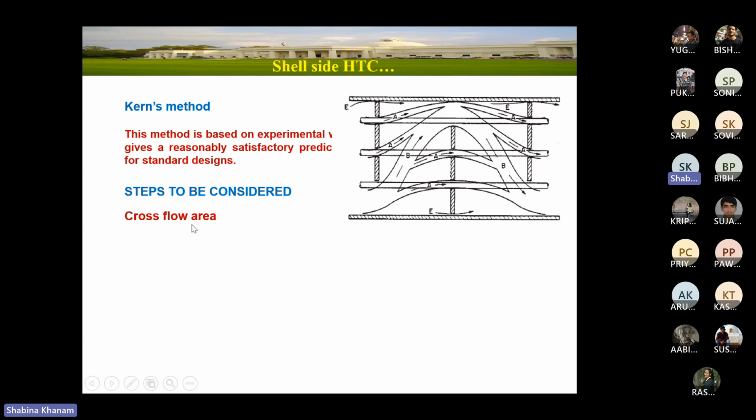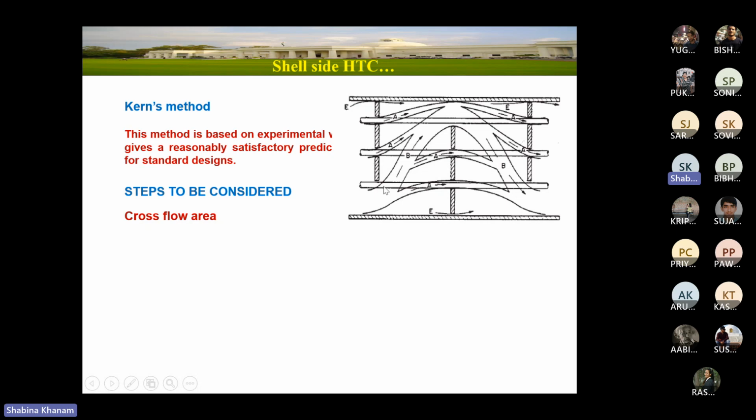Now if I consider this cross flow, there are different streams which are given standard names like A, B, and E. These three are shown over here. Other streams are also there that we will discuss when time comes. But here for cross flow, we will consider only B. If you consider this part, the fluid flow will be parallel to the flow in the tube, either co-current or counter current, doesn't matter, but it would be parallel.